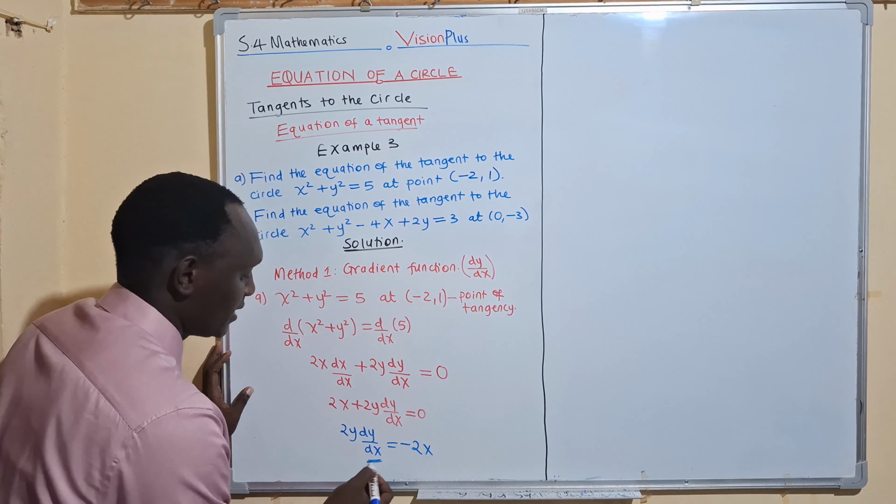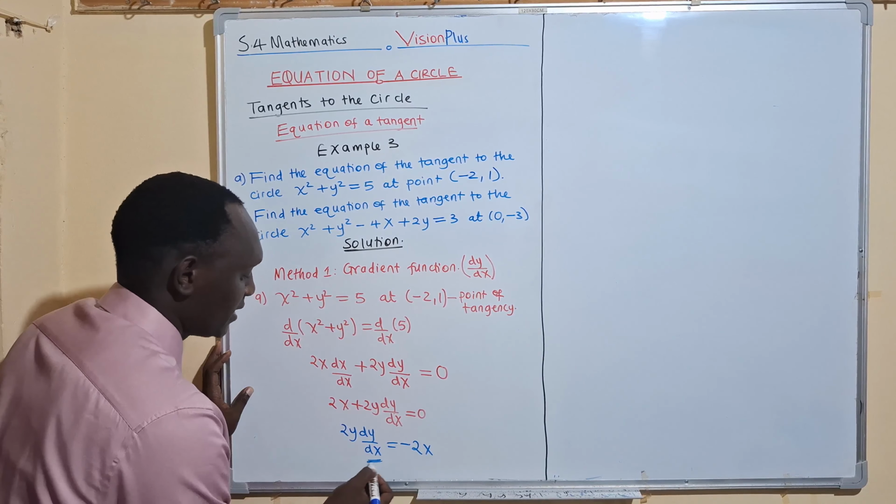Now from here, what do you see? Here we can simplify. 2 and 2 are going, so that we have -x out of y. This is the gradient function of the circle. What is the meaning of the gradient function of the circle?